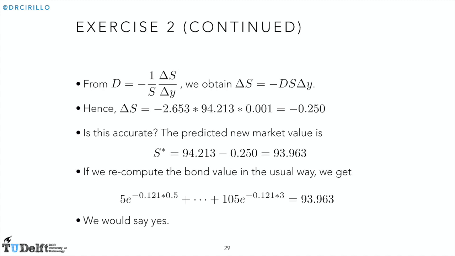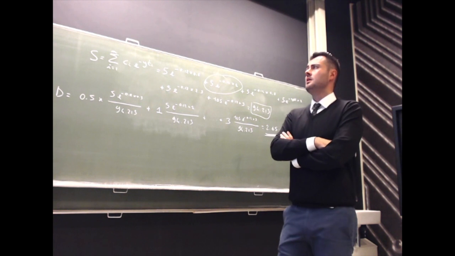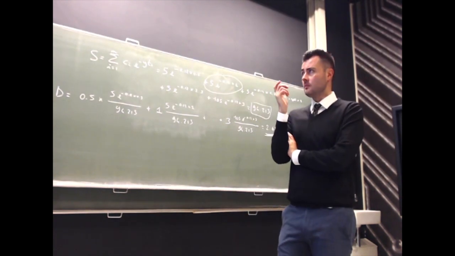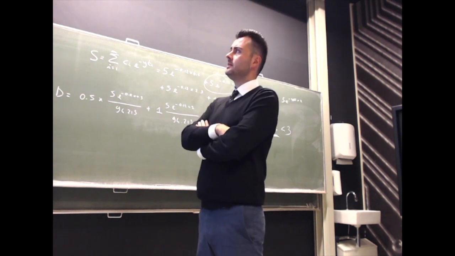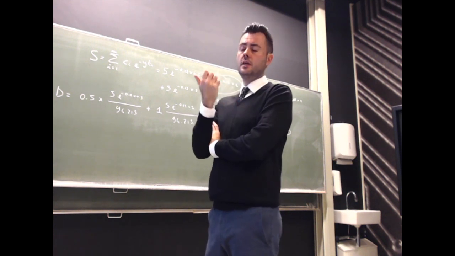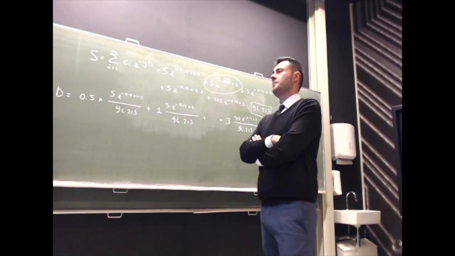So I can always rearrange the terms so that the variation in S, the variation in the price of the bond, or the variation in the portfolio, if this is a portfolio, and then we would say delta P instead of delta S, is equal to minus D times the value of the asset S, times the variation in the yield, delta Y.